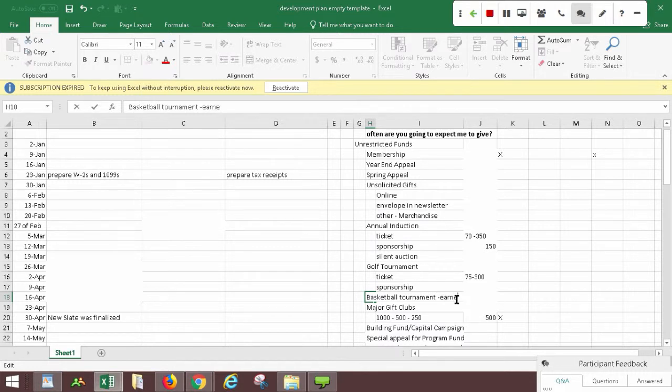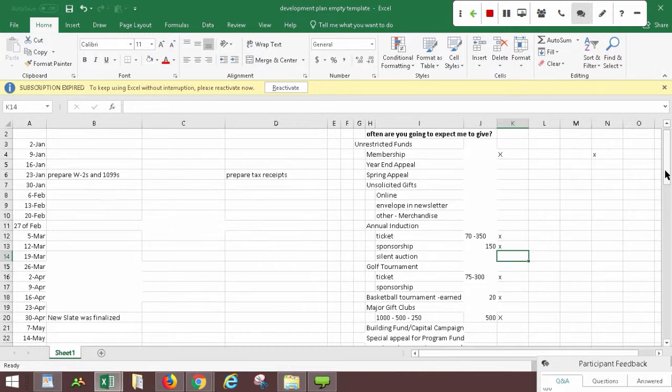But as a board member, unless you're out of town, you're probably going to attend, even if it's only you and your spouse or a child, $20. But that's something you could bring somebody to, just as the golf tournament is something you can bring someone to, and just as the annual induction ceremony is something you could bring someone to.